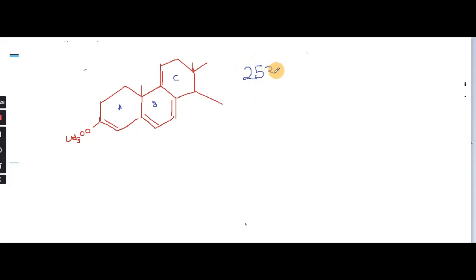The next one is our ring residues. In the first place, we also have an ester. This ester, we said it has no wavelength, so we have plus 0.